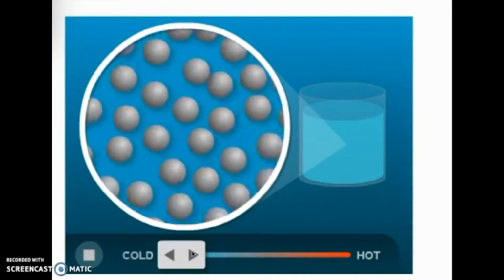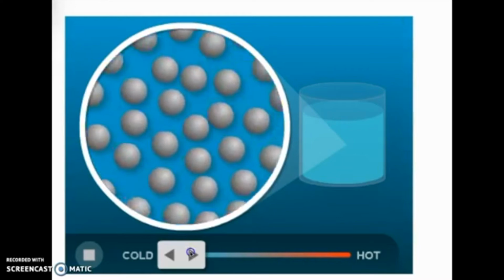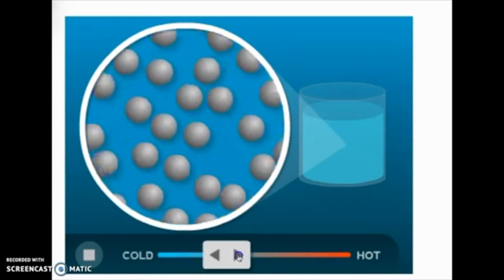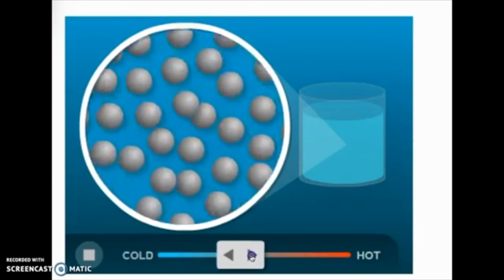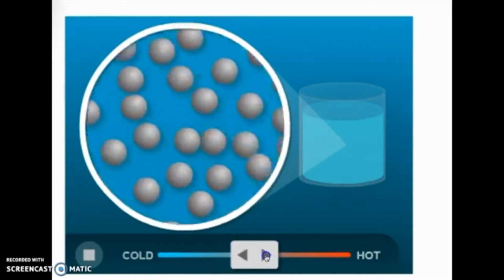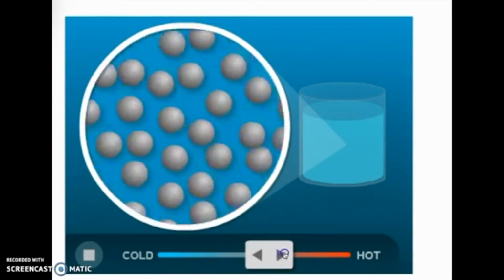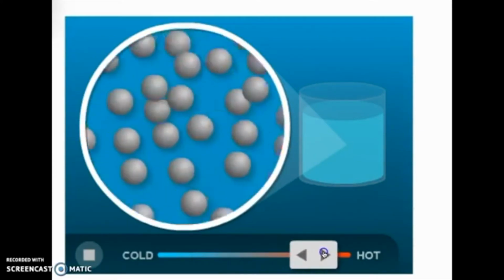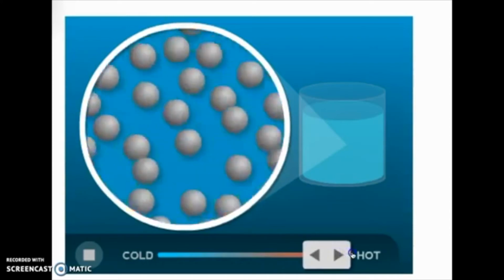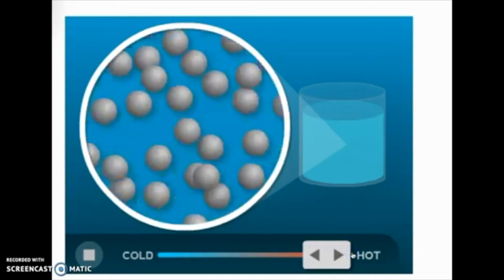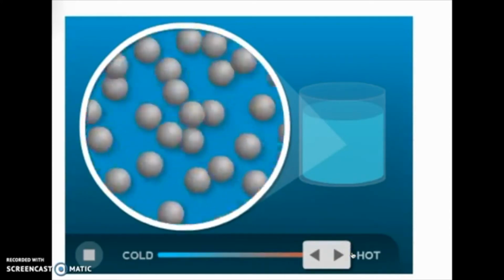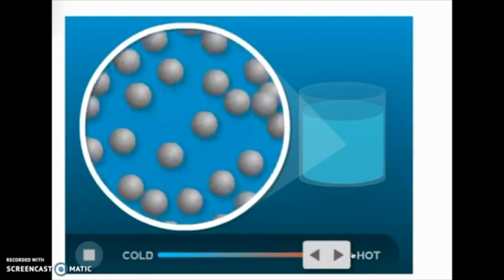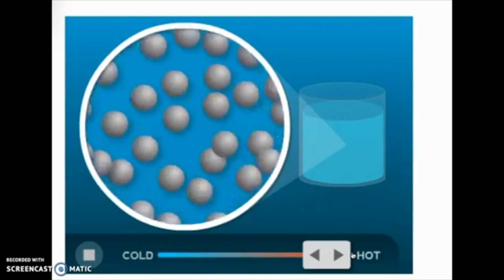If you notice, as the slider increases, we're going from cold to hot. And what happens is the particles start to move faster and faster as it heats up, and they move farther and farther apart. The amount of space between those particles increases. And when the space increases, what happens to the volume of that matter when those particles move farther apart? Well, you're right, the volume gets bigger, the matter expands.